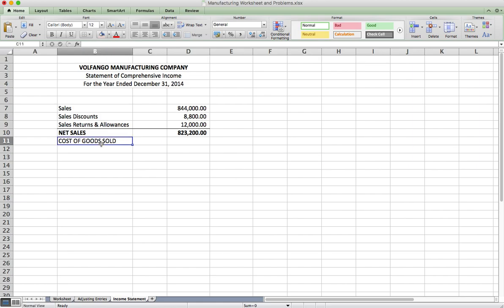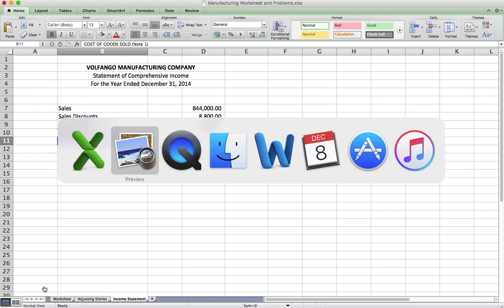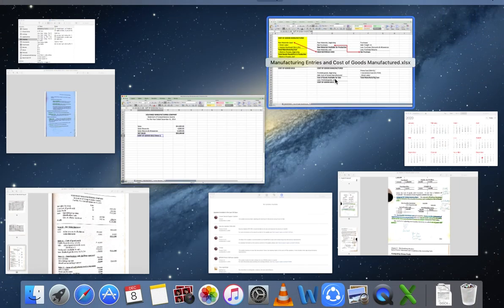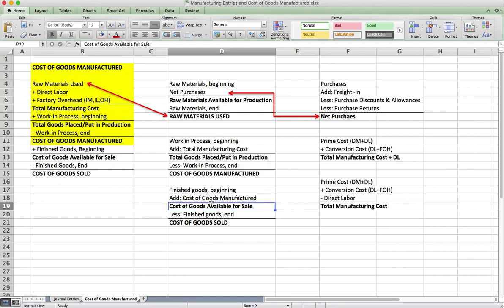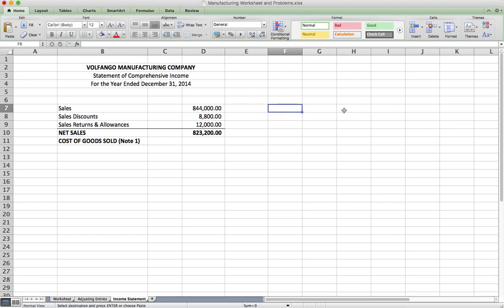Lagyan natin dito note. Meron siyang sariling note. Okay? Note 1. Paano ulit mag-compute ng cost of goods sold? Balikan na lang natin dito para mas madali. Okay? Okay, balik. Yun. So, dito note 1.